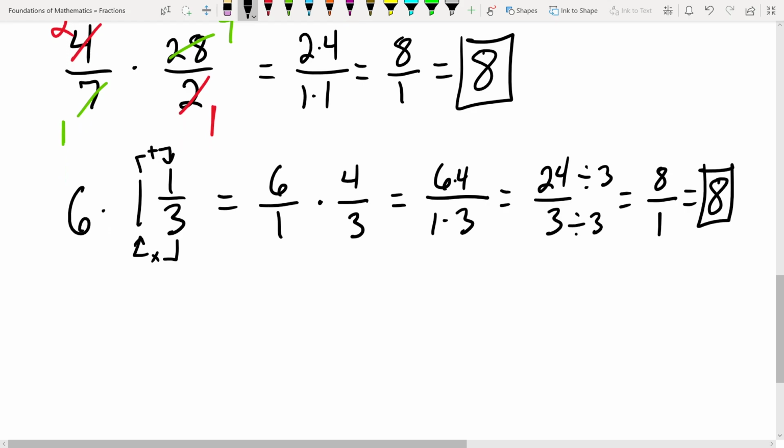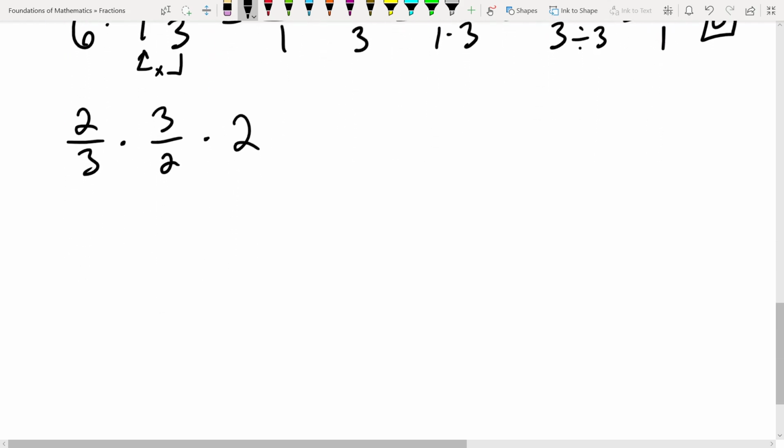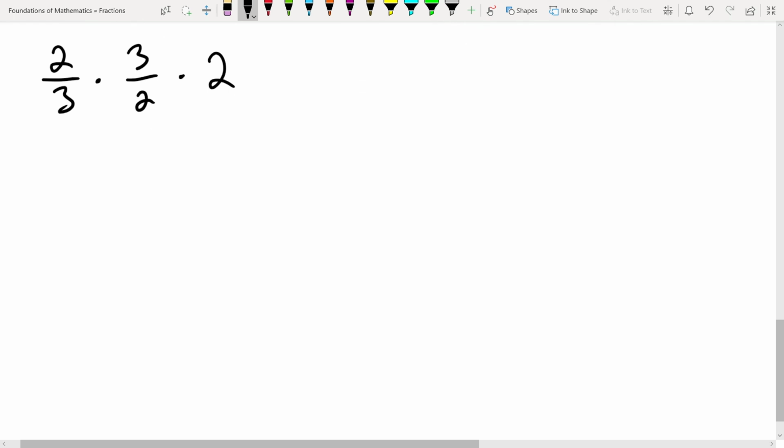All right. Now we're going to do 2/3 times 3/2 times 2. So just take this in steps. Do the first multiplication, right? PEMDAS says we need to work left to right. And we do the first multiplication we see left to right. So let's look at this one first. 2 over 3 times 3 over 2.